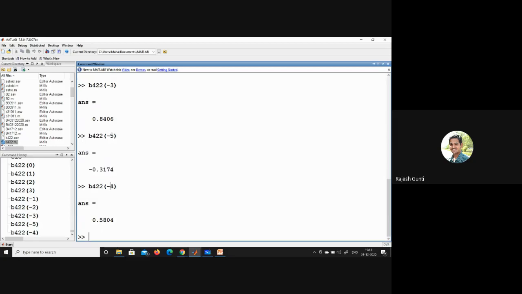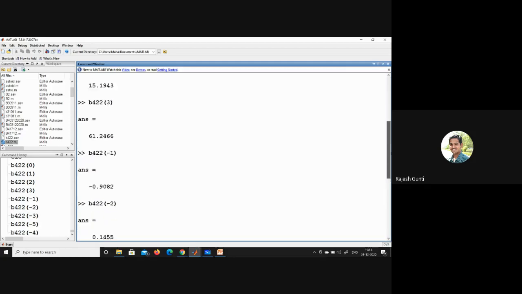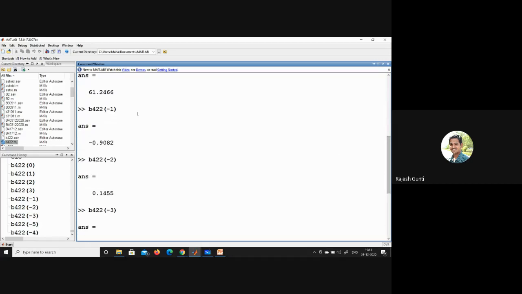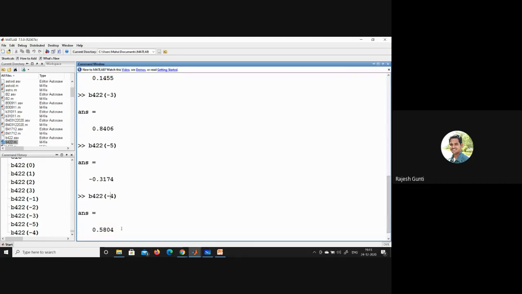So if you take any equation, it has at least one root most of the time, if it is a continuous function. So this function has a root in between 0 and 1, minus 1 and minus 2, and minus 5 and minus 4.